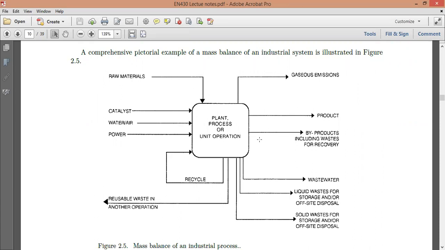He or she would try to come up with optimum ways to reduce waste because ultimately your aim is to reduce waste on the right side on your output, isn't it? And increase this one. You want to increase the products while minimizing the rest, okay?